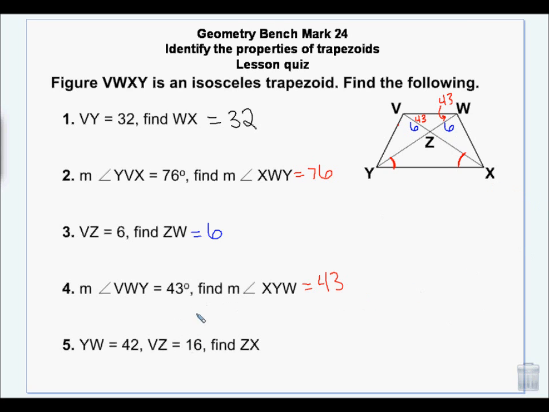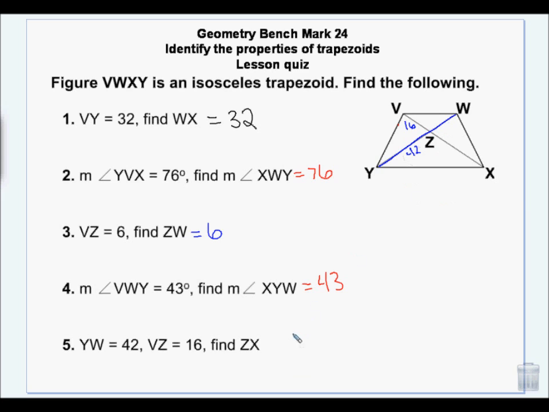And if YW, this whole diagonal right here, is 42. This whole line is 42. Does that line even matter when we're looking for ZX? So 16 plus 16? Well, no, because see, VZ is 16. This whole line here is 42. 42 minus 16.